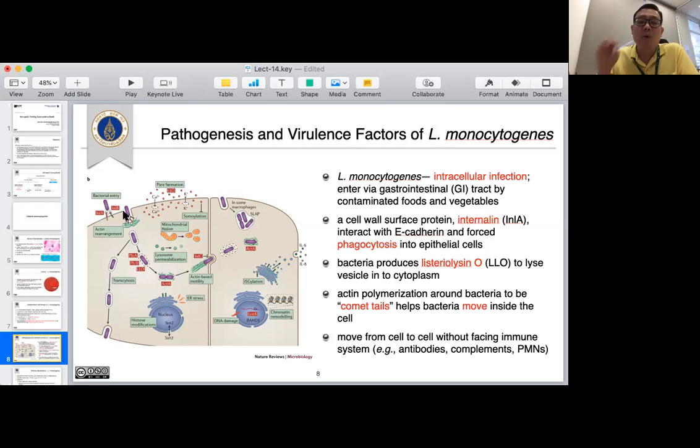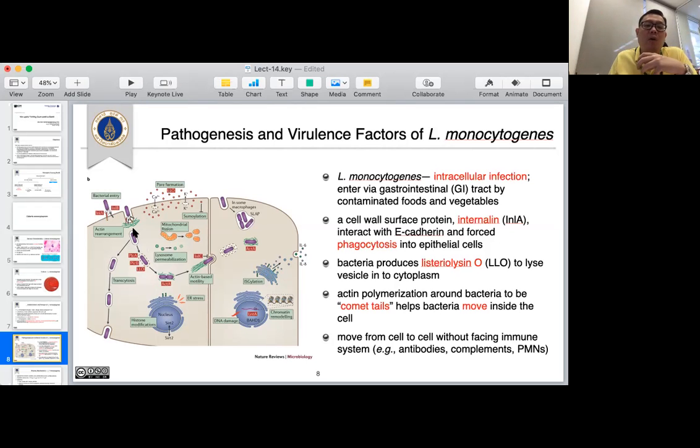Once bacteria go inside the cells, they stay in the vacuole, the vesicle, right? The food vacuole, actually. The general process of the cell is that this food vacuole or vesicle will fill with lysosome. Lysosome contains many hydrolytic enzymes that can digest bacteria. That is a normal process.